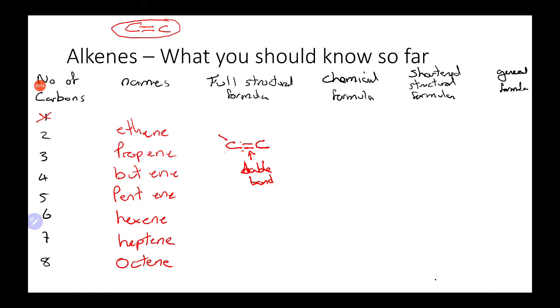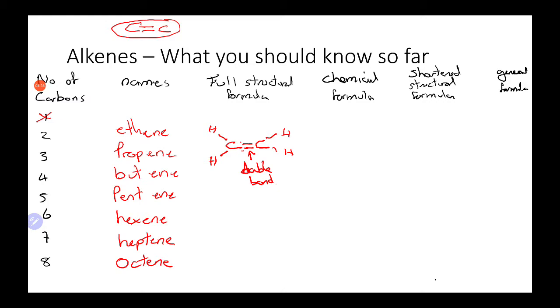So if we put 1 here and 1 here, and we put hydrogens on here, that fills that carbon up. And again, over on this side, there's already 2 bonds, 3, 4, that fills that up. Now remember, the full structural formula shows not only what elements are involved, but how they're bonded together. Okay.